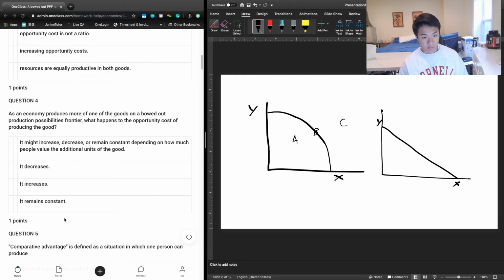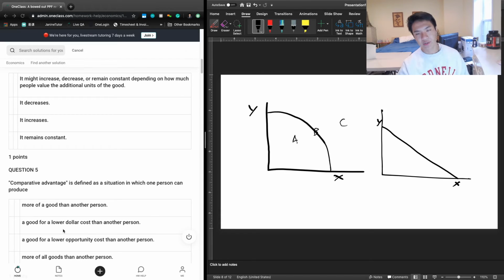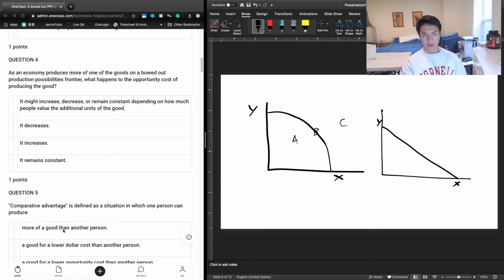As an economy produces more of one of the goods on a bowed out production possibilities frontier, what happens to the opportunity cost of producing the good? So again, this goes back to what we talked about in the first question, which says, as you produce more of one good, you find there to be increasing opportunity costs at every level, right?